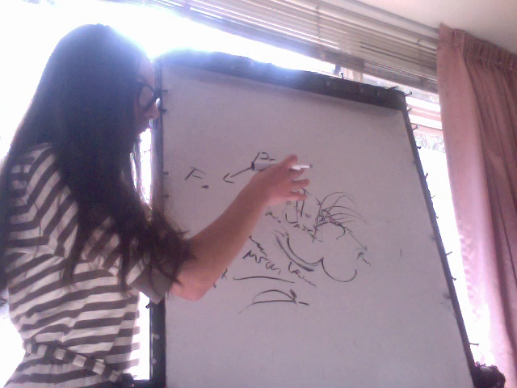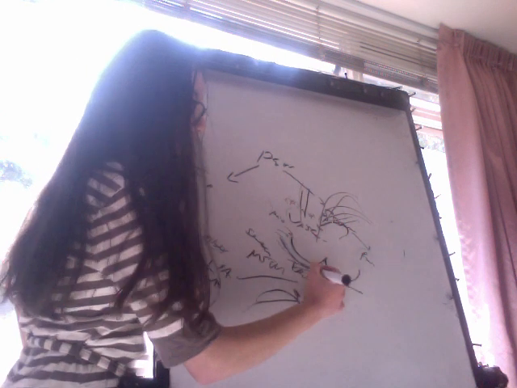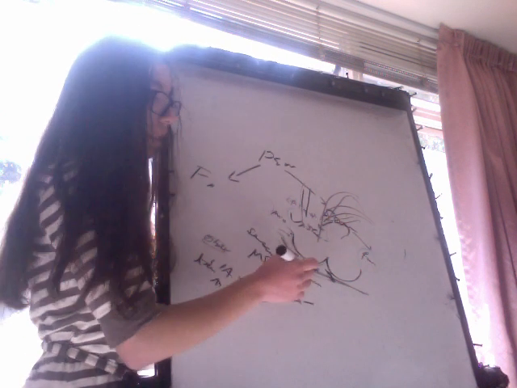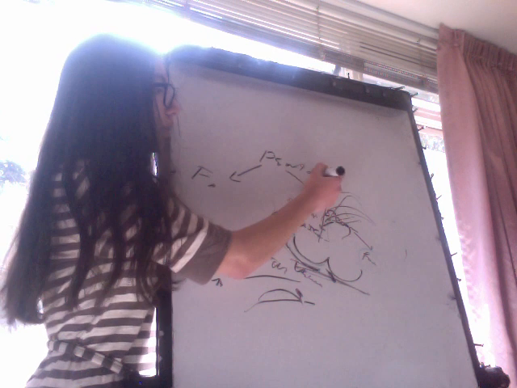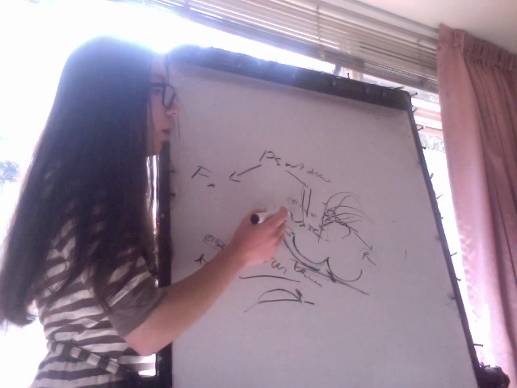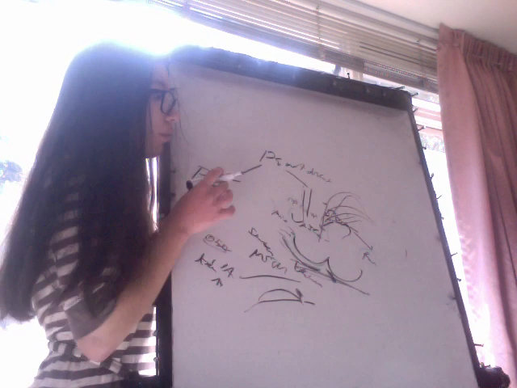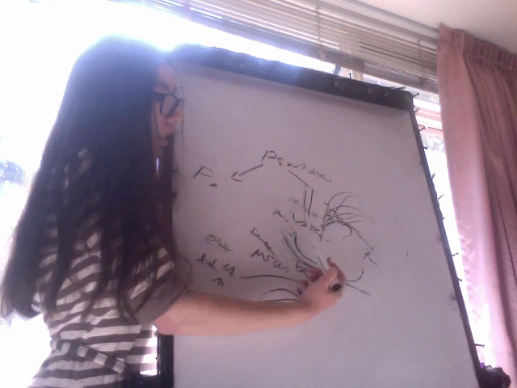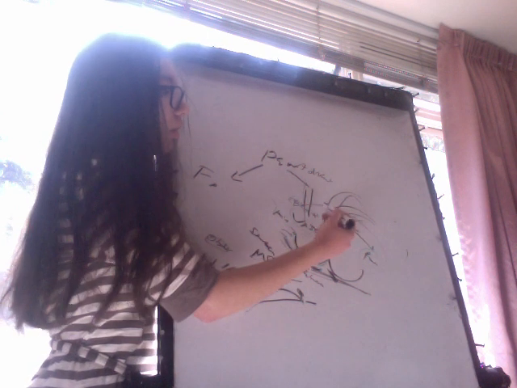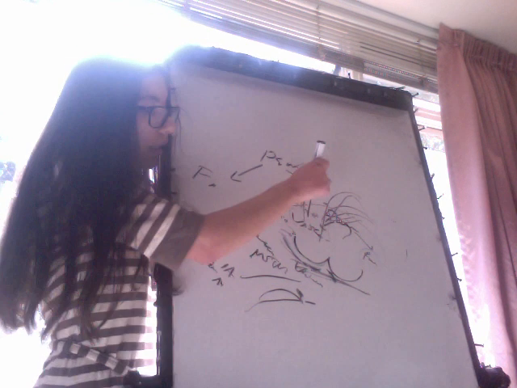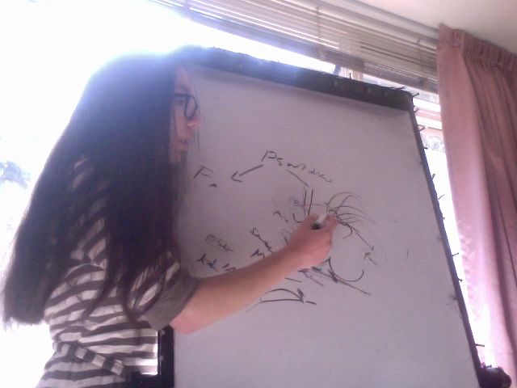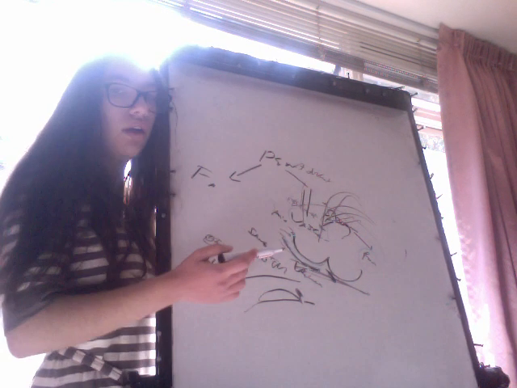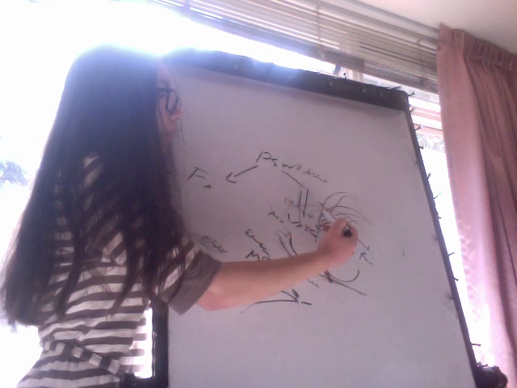The pericardium is attached here to the central tendon of the diaphragm, and above to the adventitia of the large vessels, because the pericardium covers the heart and the beginning and the ending of the large vessels. So it's attached to the adventitia, the serous layer of the walls of the vessels.